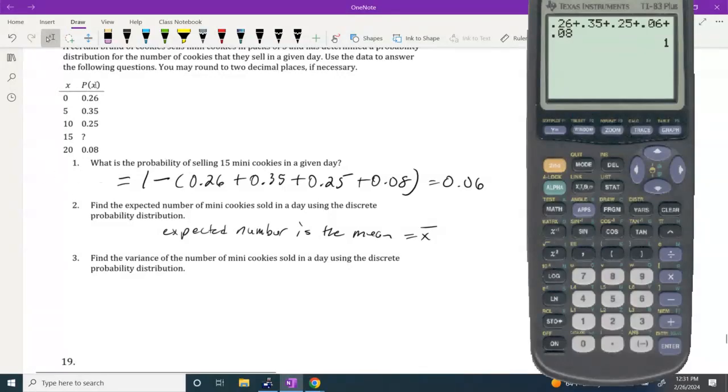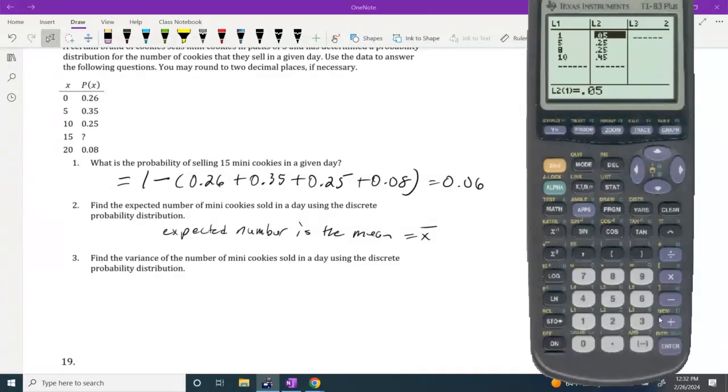We're going to put the probability in as list 2. We're going to do that one variable statistic, and that should give us the mean. And then 3 says find the variance. Okay, so we're going to talk about the variance, but first let's find the mean. So we're going to put the probability distribution into the calculator.